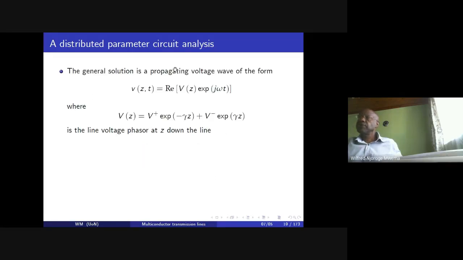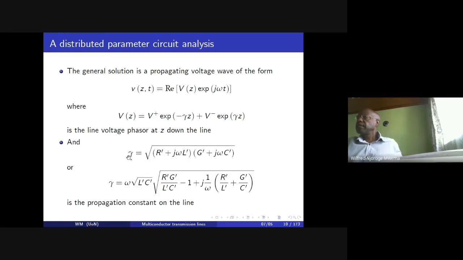The general solution of this wave equation is going to be given by a propagating wave of the form V(z,t) equal to the real part of V(z) e^(jωt), where V(z) is the phasor value of the voltage, and will be given as a positive z propagating wave component plus a negative z propagating wave component V⁻e^(γz), okay, and will be called the line voltage phasor at the plane z down the line.